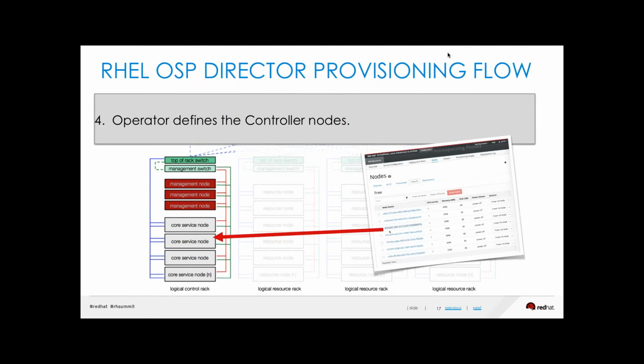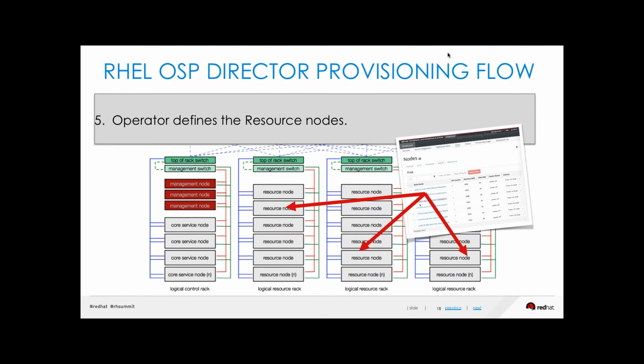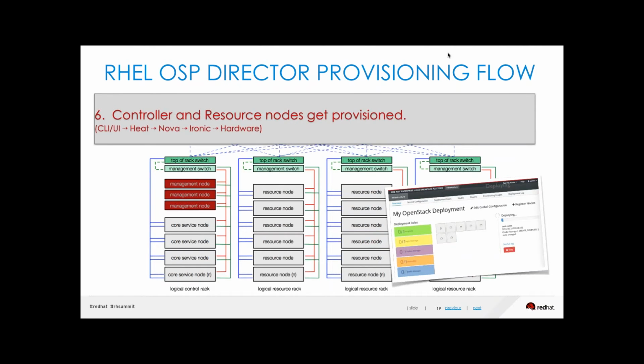Once that is completed, you define the controller nodes. And then the resource nodes. And the controller and resource nodes now get provisioned. You can see there my OpenStack deployment.